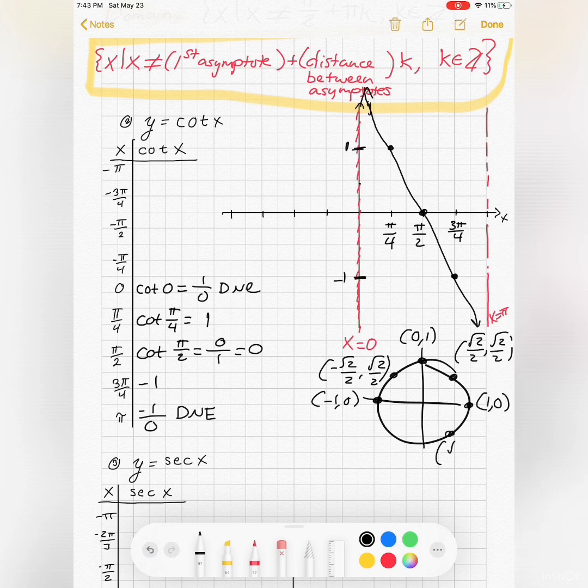Should I continue? Let's see. Negative 1. Divide those, I get positive 1. See the pattern?